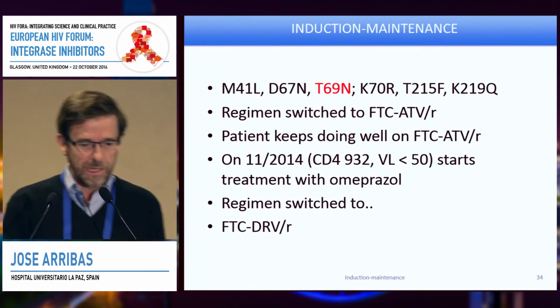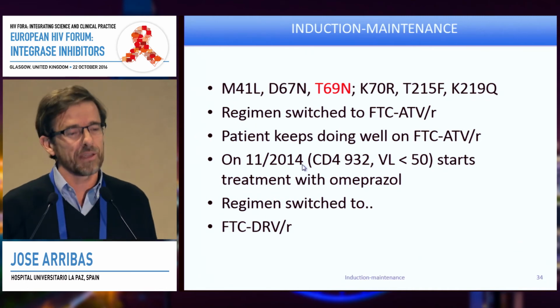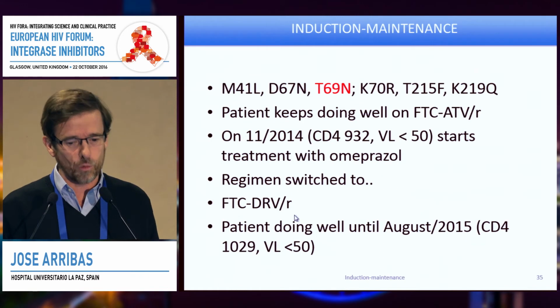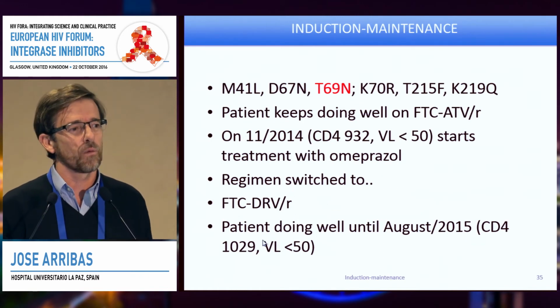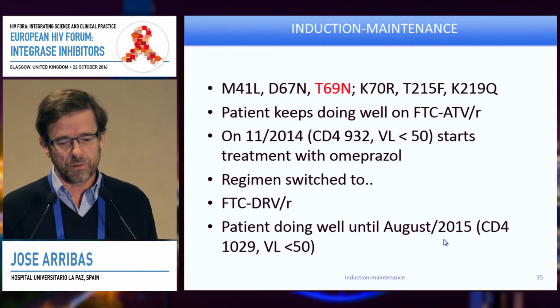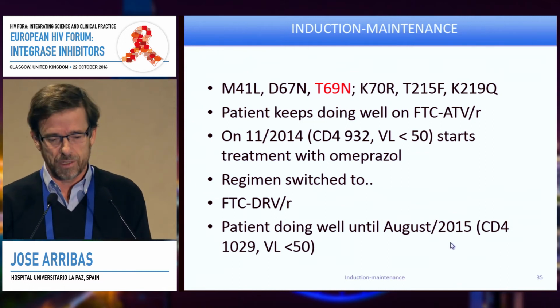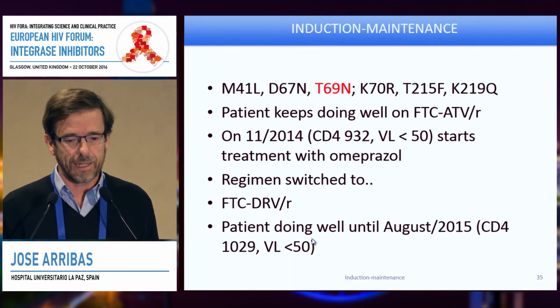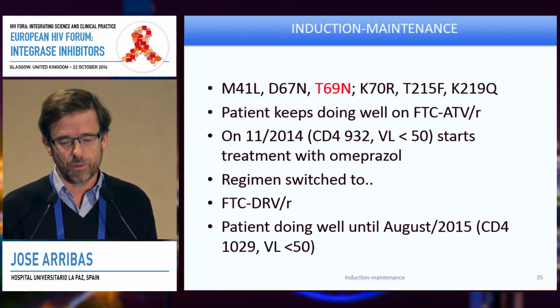Okay. So the regimen was switched to FTC darunavir ritonavir. So the patient doing well, it went from atazanavir ritonavir to darunavir ritonavir FTC until August last year. CD4 was 1,000, viral load 50. He's now, it's 2015, he's 62.